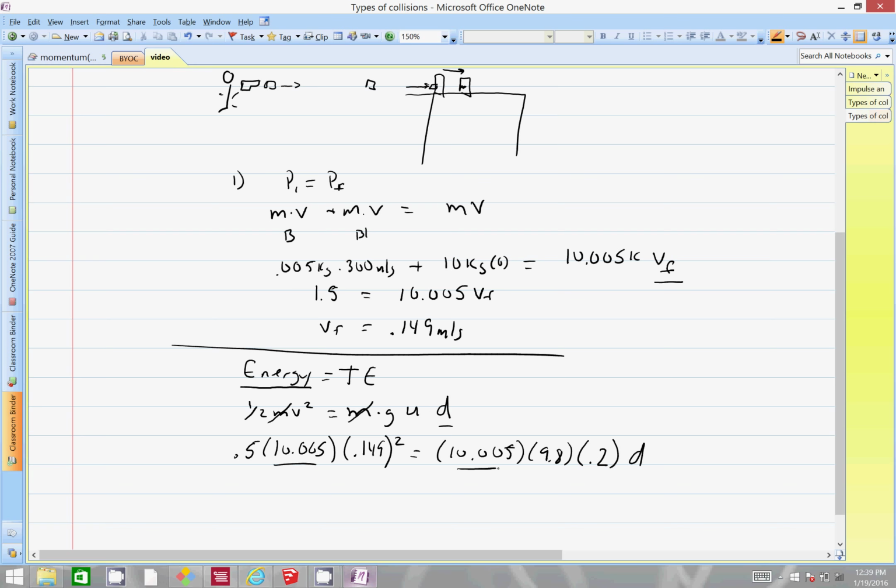The left side is 0.0111 equals 19.6 D. Distance, divide out. We have a small distance, which would make sense because it's not traveling horribly fast.